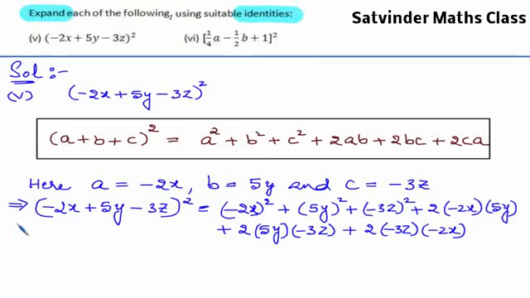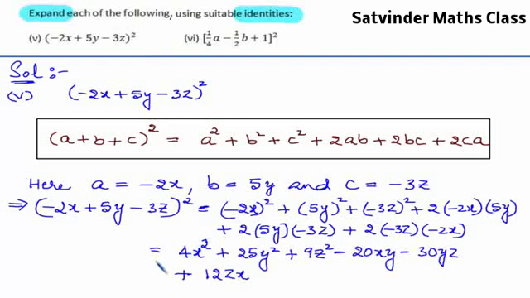Implies the expression that is minus 2x plus 5y minus 3z whole square can be written as minus 2x whole square plus 5y whole square plus minus 3z whole square plus 2 into minus 2x into 5y plus 2 into 5y into minus 3z plus 2 into minus 3z into minus 2x.